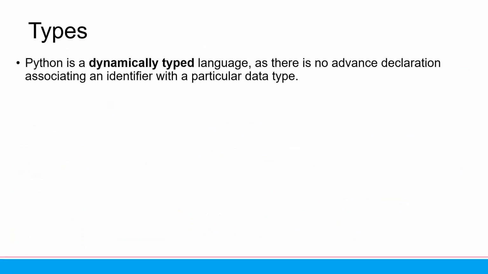As I explained to you, the Python types are dynamic. Python is a dynamically typed language, as there is no advance declaration associating an identifier with a particular data type. So you can define floating point, you can define integer, you can define string, you can define any kind of data type.